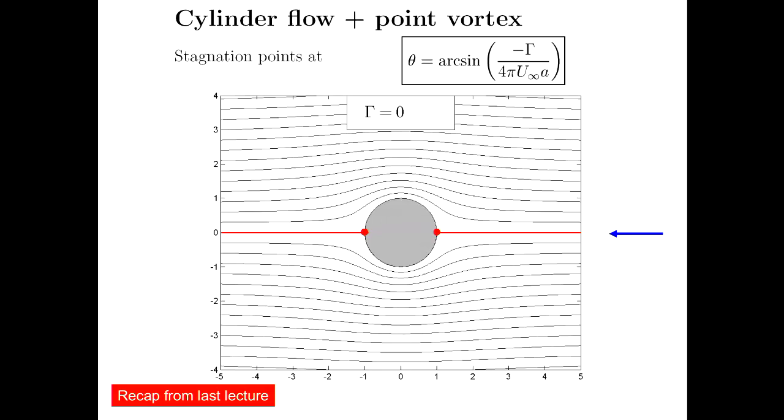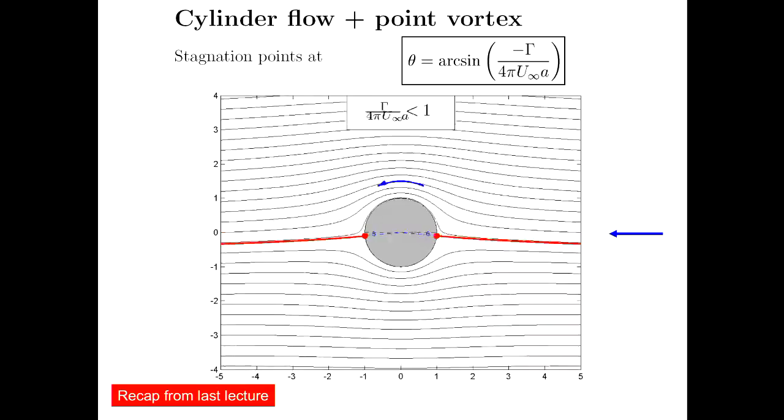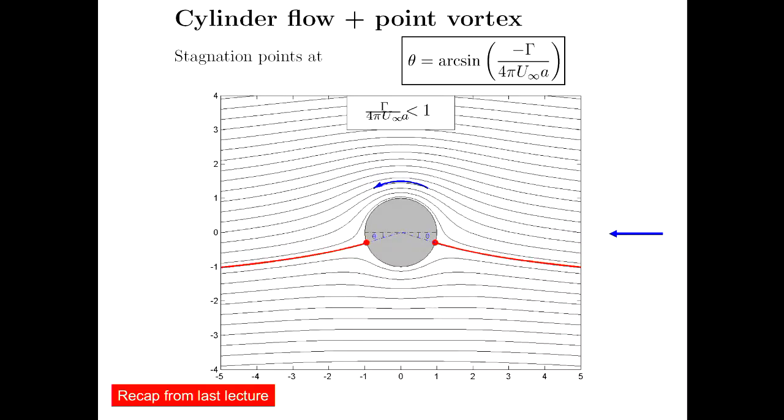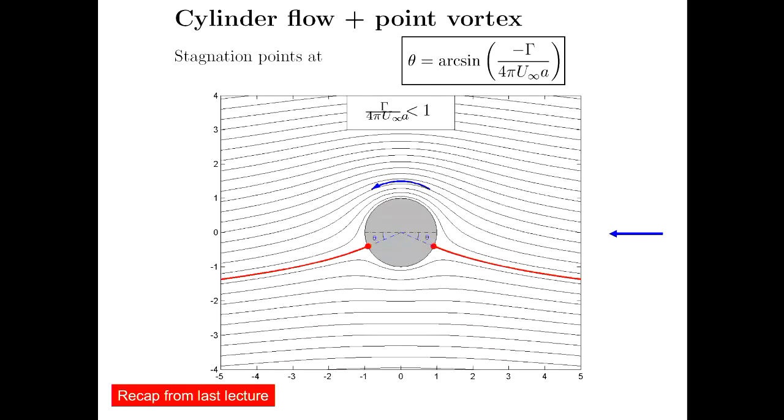Now, when we increase our circulation, when gamma is non-zero, we observe that the stagnation points are located on the surface of the cylinder, but at an angle of theta measured from the horizontal. So when this parameter is less than 1, the stagnation points are on the surface of the cylinder, but as we increase gamma, they are located at larger angles of theta.